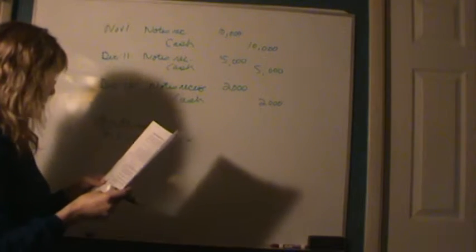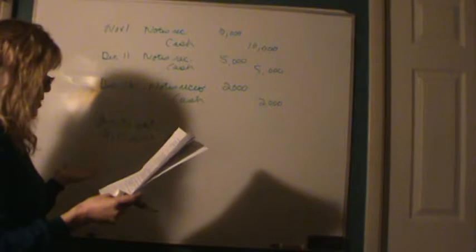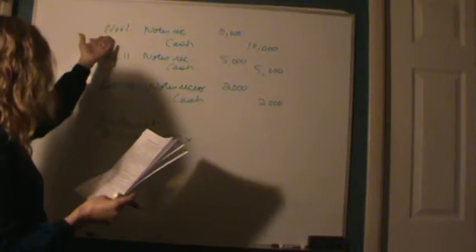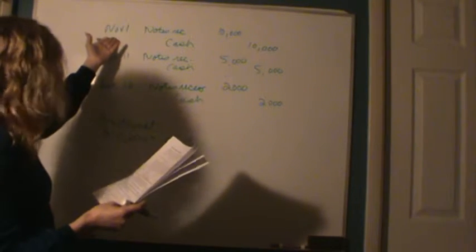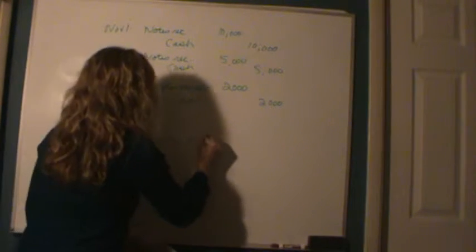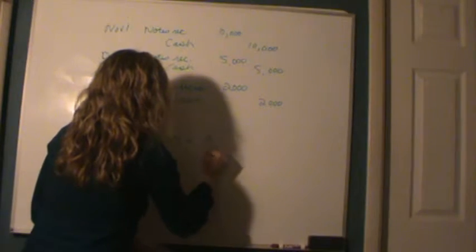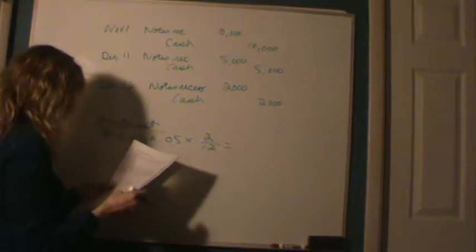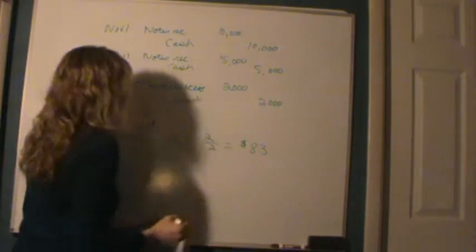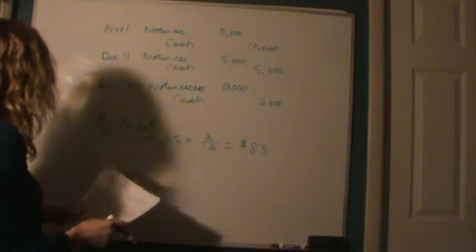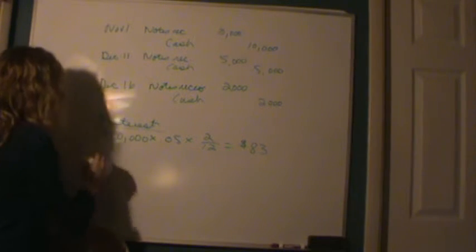His note is a yearly note. It was obtained November 1st, so 2 months of interest is owed, right? November and December. So we're going to multiply by 2/12, and that will give us, I'm rounding, 83 and some change, but approximately $83. So that's our first interest.